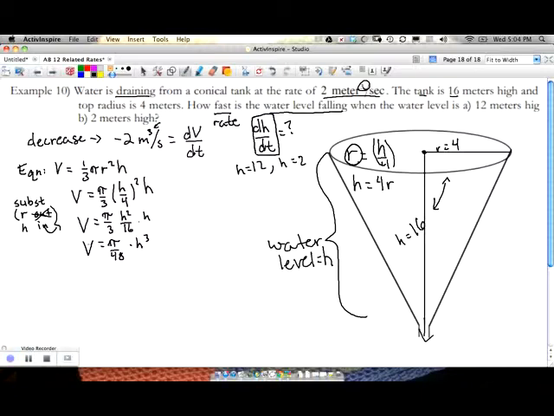Let's work our way through the derivative. So the derivative on the left side, if we're doing d dt of everything, d dt is going to be dv dt on the left side. On the right side, we got the constant pi over 48, so that just stays, tags along.